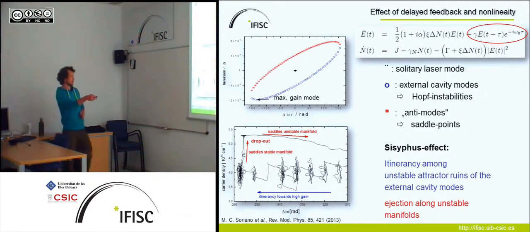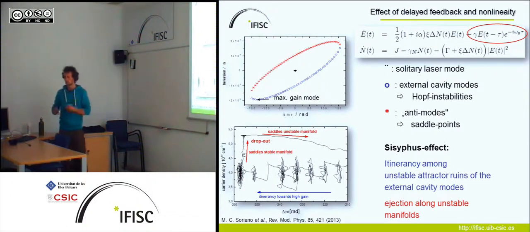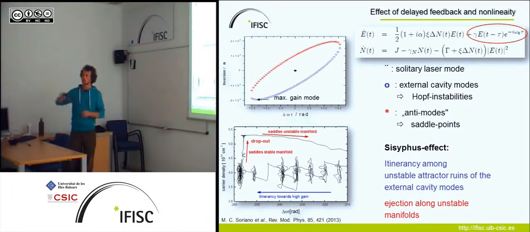On the x-axis you have frequency, in this case the frequency of the modes due to the external optical cavity. The black center in the middle is the solitary laser mode. A laser typically emits in one longitudinal mode, and the next longitudinal modes would be set off in frequency by a large amount.